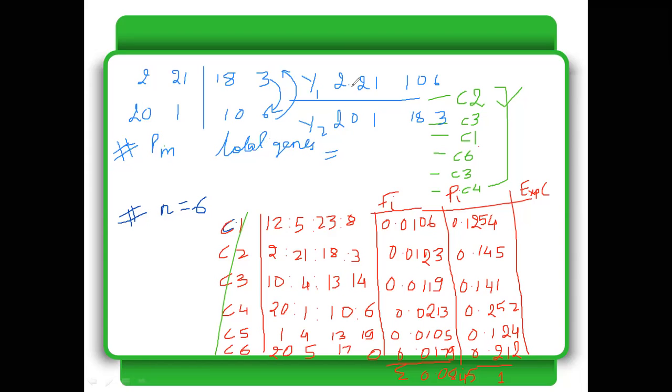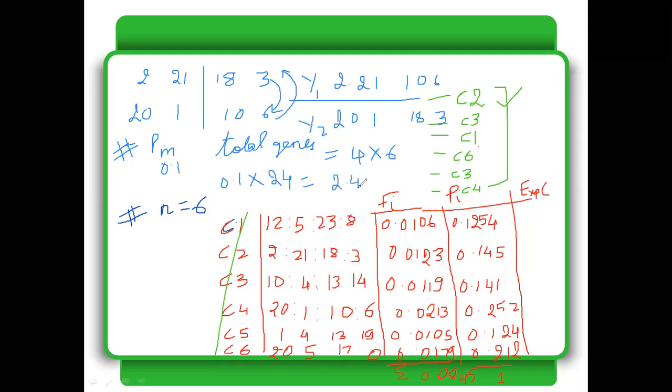So total genes है एक क्रोमोसोम में 4 parts हैं और कितने क्रोमोसोम्स हैं मेरी पॉपुलेशन में 6. So it would be 4 into 6. So if your population is large enough, it is simply multiplied by the size of the population, or it can be calculated by multiplying it by the total number of genes. So अगर ये 0.1 है मेरी mutation probability, so the total number of genes which have to be mutated are going to be 0.1 into 24, which comes out to be roughly equal to 2.4.